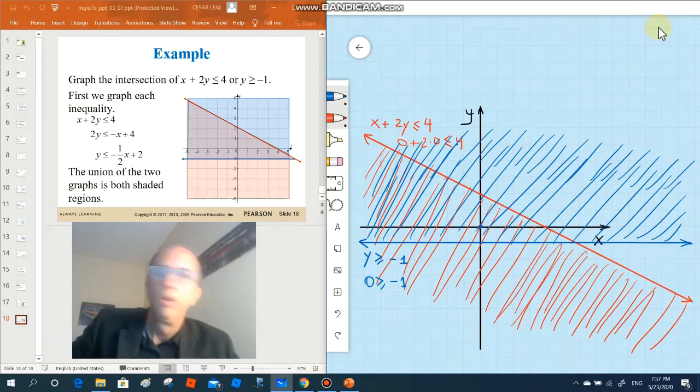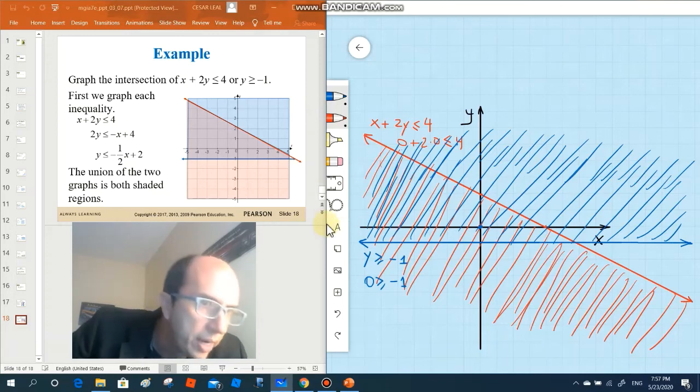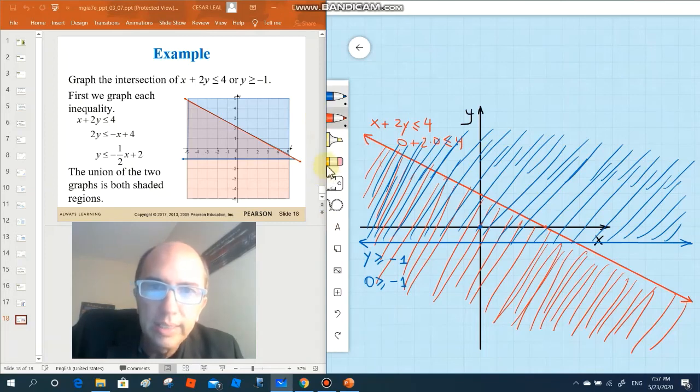And finally, we are talking about union, so it is this inequality or that inequality. And union is going to be all the areas that have some kind of color. Blue, red, purple. And in this situation, the only area that's not colored, you're going to see, is this.